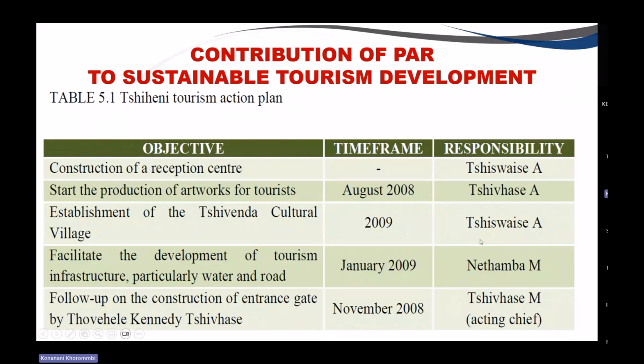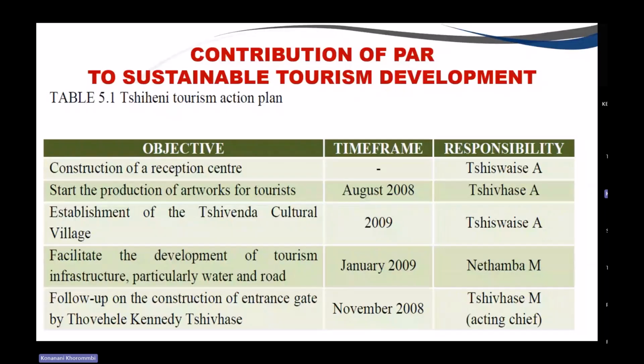To start the production of artwork for tourists, it was August 2008 when I was still there, so it was already started and would continue. Chibasa was the one responsible. Establishment of the Chivenda Cultural Village, 2009, Chibasa would look at that one.